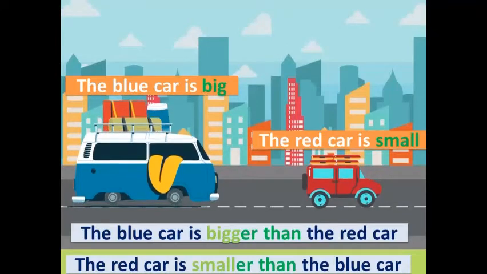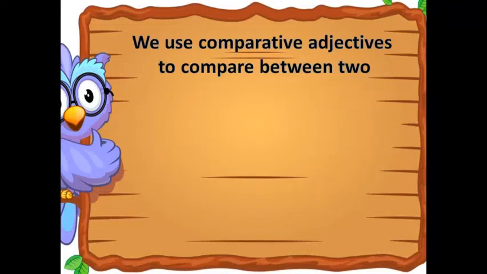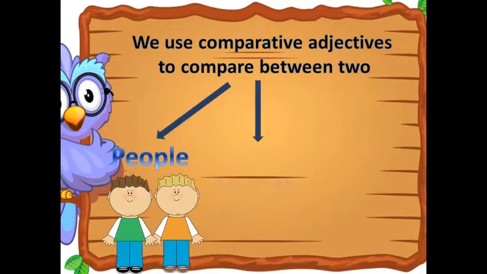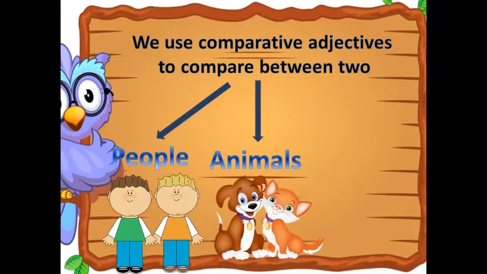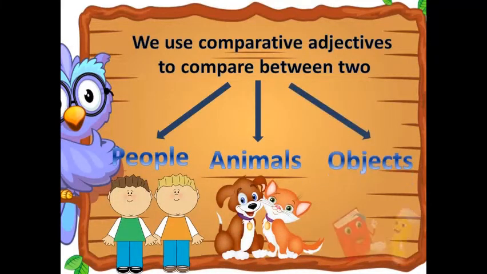You see, so we use comparative adjectives to compare between two people or two animals or two objects. Great. So remember, comparative adjectives, we use them to compare between two people, animals, or objects.